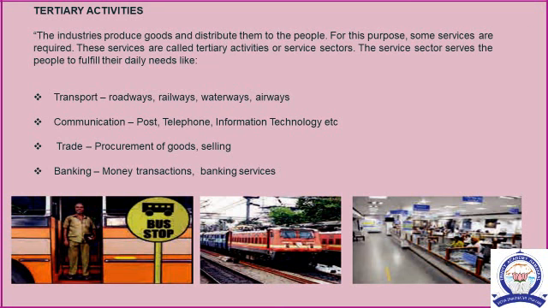The service sector serves the people to fulfill their daily needs, like transport, roadways, railways, waterways, airways, communication, post, telephone, information technology, etc. Trade, procurement of goods and selling, banking, money transaction, banking services.